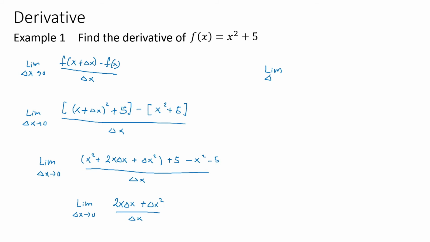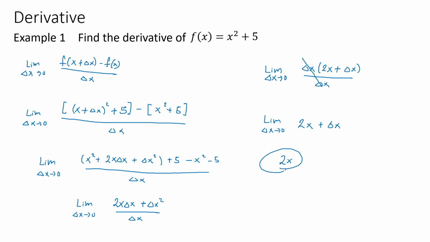Then we can factor out delta x to divide delta x out. And we have a nice limit to solve. 2x plus delta x, substituting 0 for delta x, leaving us with an answer of 2x. And the derivative of x squared plus 5 is 2x.